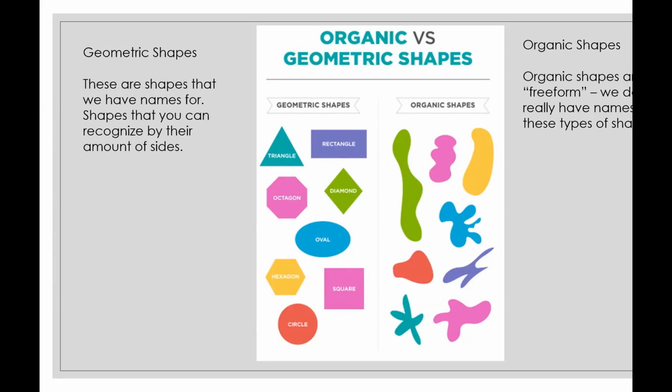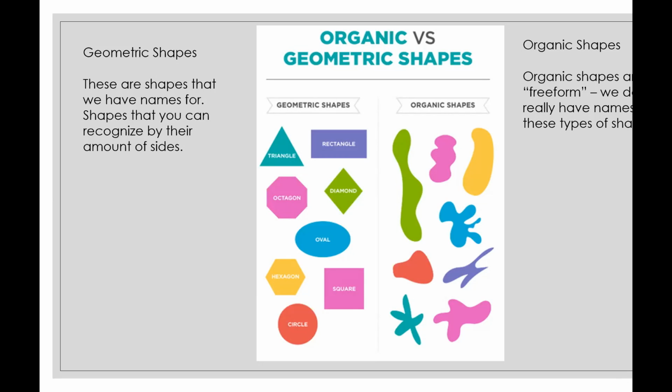So geometric shapes are usually very straight, but an oval and a circle, that's a little different because they're round. But an organic shape is free form. We don't have a name for them. We don't say that they are anything in particular. You can look at the difference. I hope you can see the difference between the two on the screen.